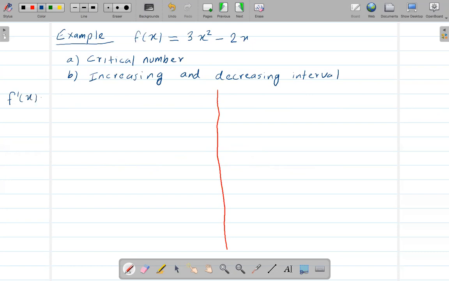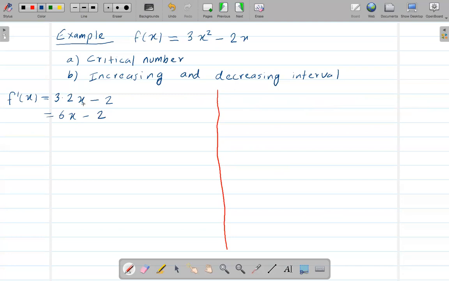So f prime of x is equal to 3 times 2, the 2 comes down, x to the power 2 minus 1 is just 1, minus 2 stays there. The derivative of x is just 1, so negative 1, which is basically 6x minus 2.